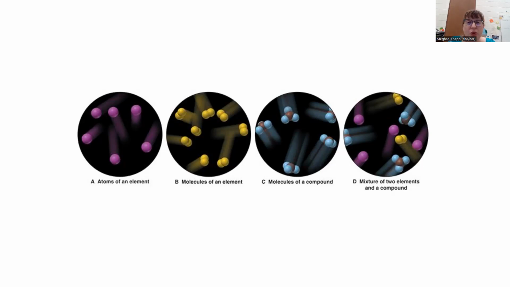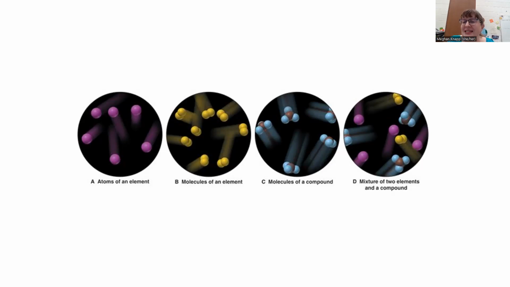So something important to remember with a compound is that the atoms aren't just near each other, they're stuck together by what are called chemical bonds. And we'll learn more about those in future chapters. But the blue and the black atoms here in C are actually sharing electrons, and they're not going to wander away from each other unless we do a chemical reaction.